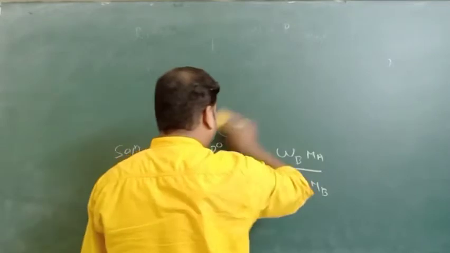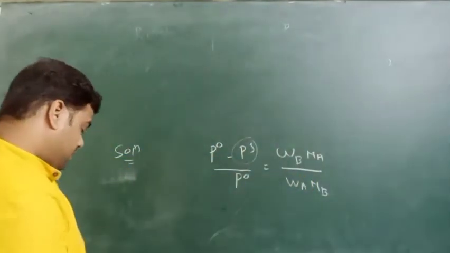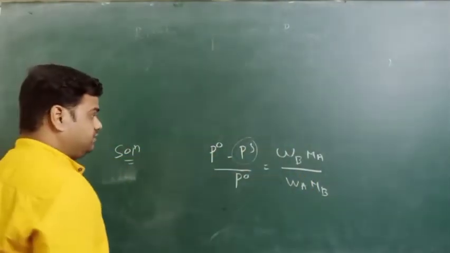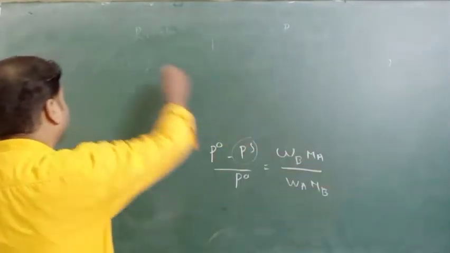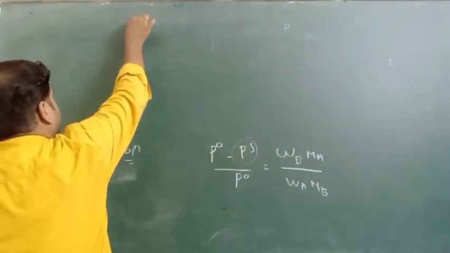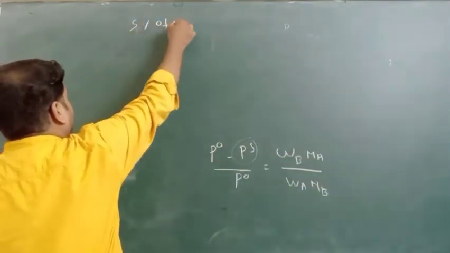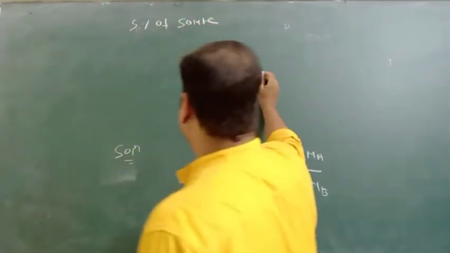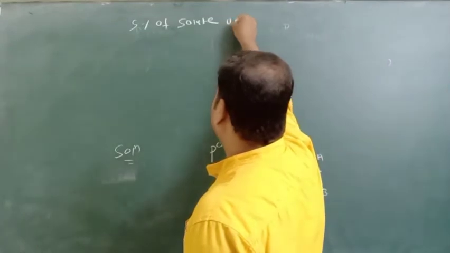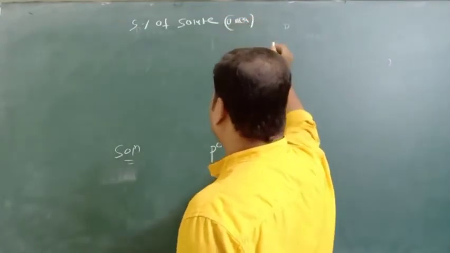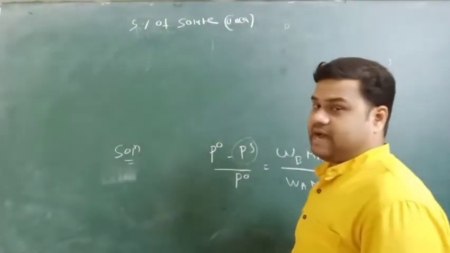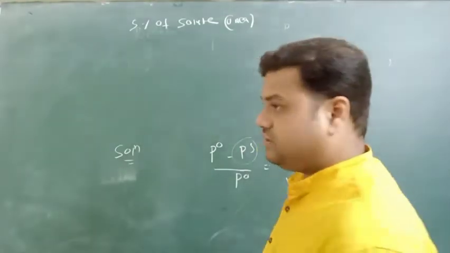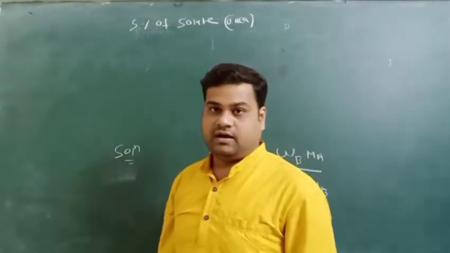First of all, we have to know the weight of the solute. Here 5% of solute means the urea is 5%, that is 5 grams of urea dissolved in 100% of solution.